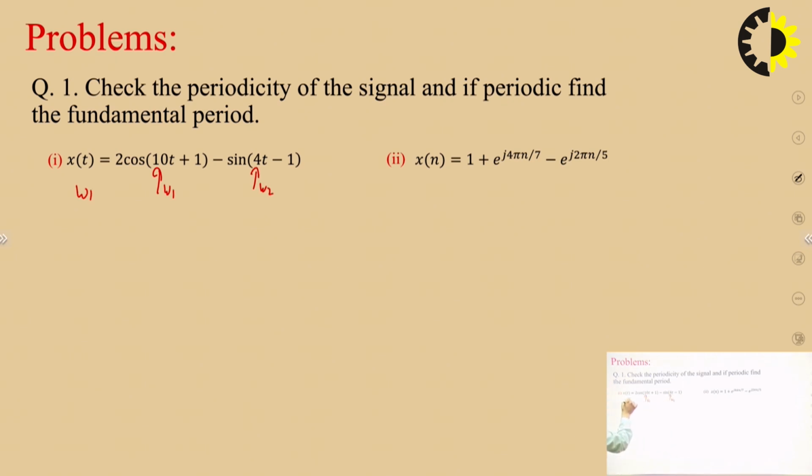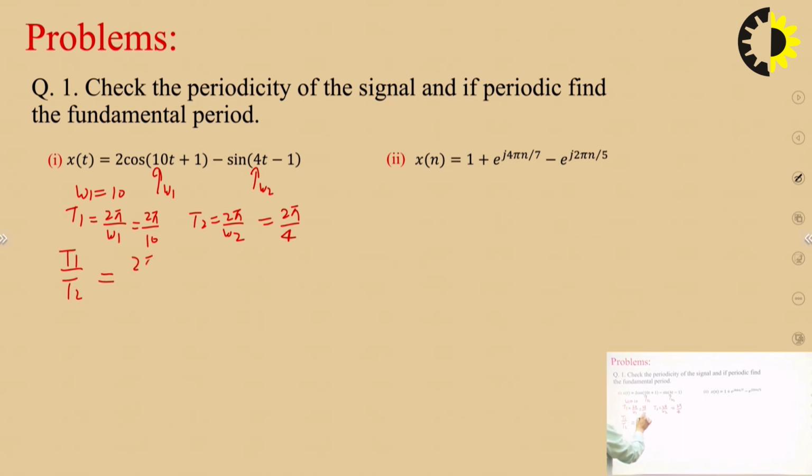So omega 1 equals 10. Okay, so T1 is 2 pi by omega 1. Here T2 equals 2 pi by omega 2. So 2 pi by 10 and here 2 pi by 4. This signal is periodic if the ratio of T1 by T2 is rational.